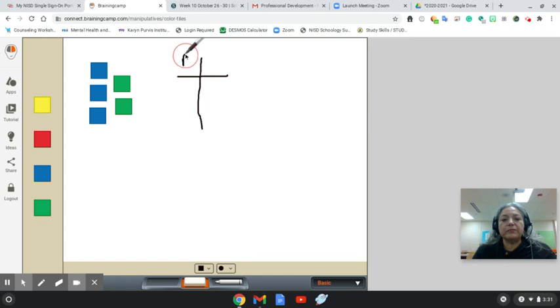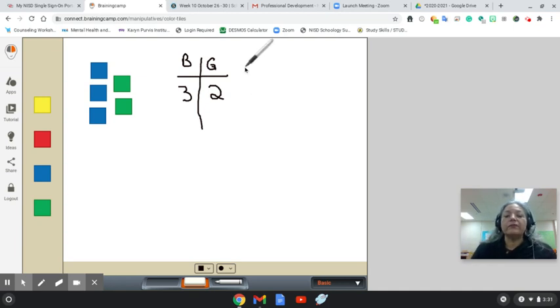So this is going to be blue and green. So I'll just put B and G. Now in this case, I have 3 blue squares compared to 2 green. So the way you would read it is 3 to 2.